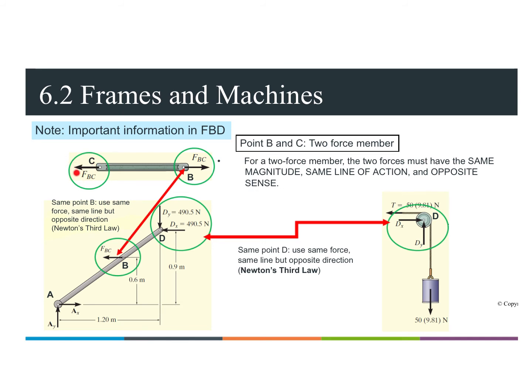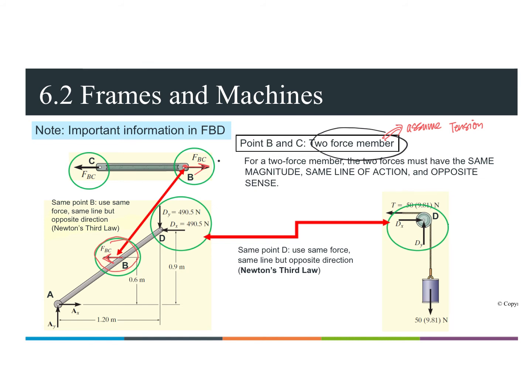Normally for a two force member, we assume tension. And then when we apply it to the other member, we have to use the different direction, as you can see here. FBC here is facing to the right, now it is facing to the left. We cannot use the same direction.